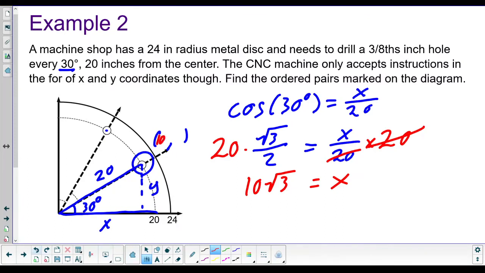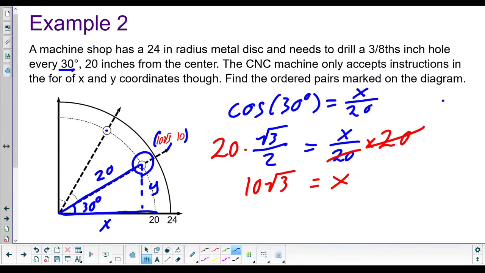Let me make that a little smaller ink. There we go. 10 radical 3. So we can guess that this is just going to be sine times the hypotenuse. So sine was a half times 20 would be 10. But let's just verify that to make sure that we're not tripping or something.